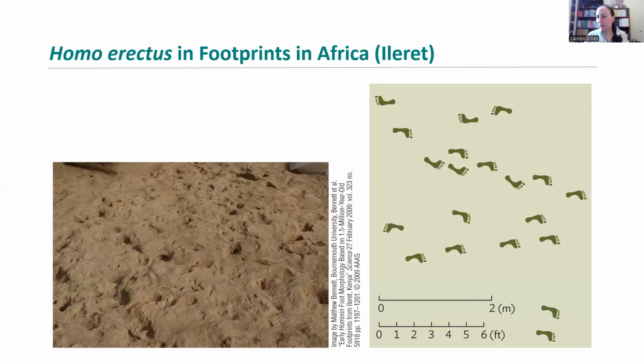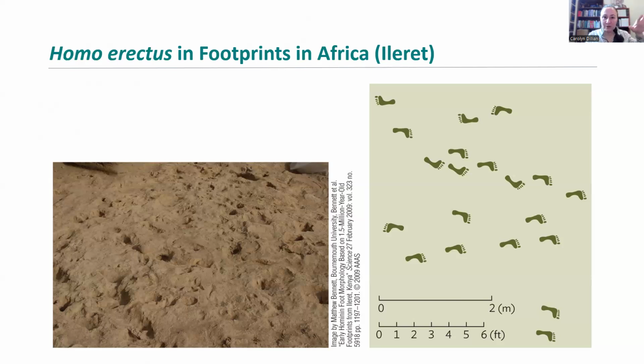And what you see in the picture on the left, this is actually what it looks like. So you can see there are lots of different footprints. And in fact, when the site was found, we were excavating, and we were looking at the soil profile, so the cut in the face of the excavation units.